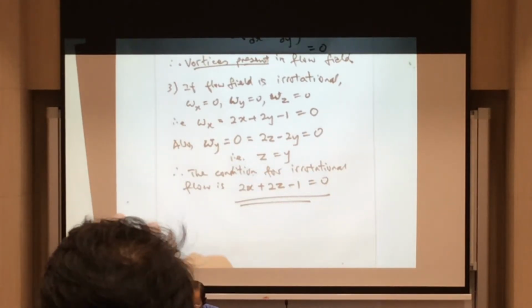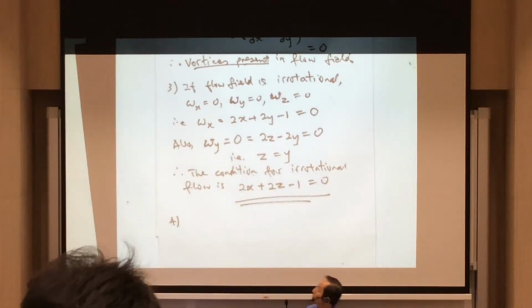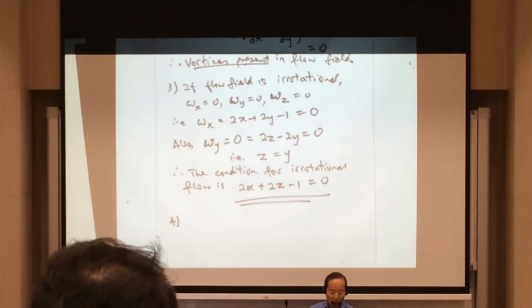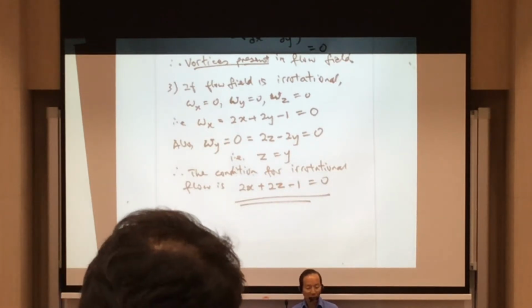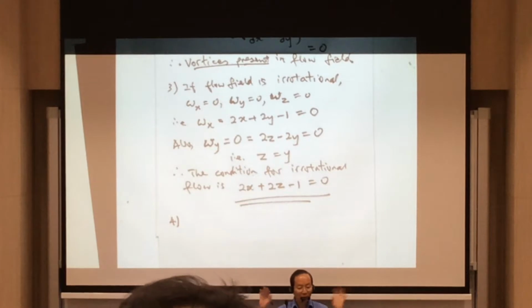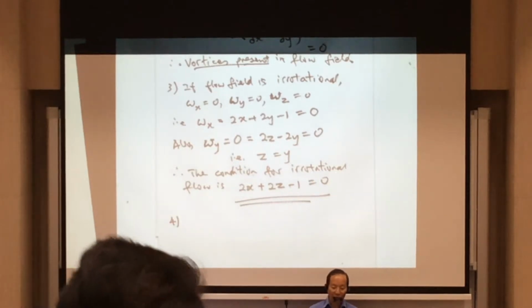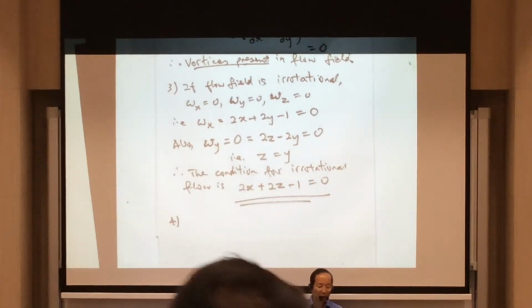And then part 4 is: under this condition of irrotational flow and using the u and v components given to us in the question, derive an expression for the stream function psi of the flow.